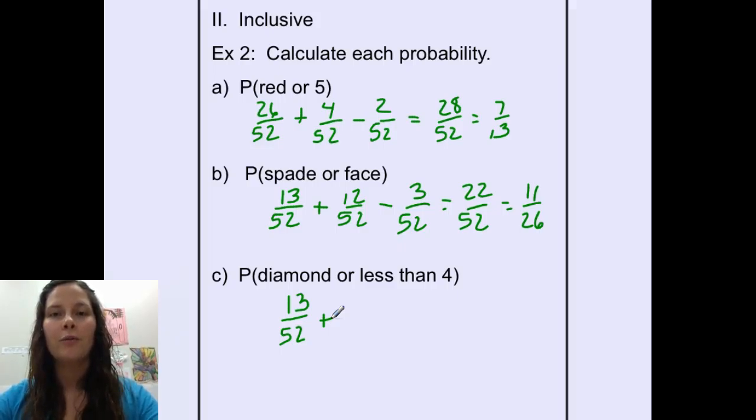So there are 4 2s and 4 3s for a total of 8 out of 52. And then we will subtract off the chance that we can get a diamond and a number less than 4. So there are 2 cards that are diamonds and less than 4, the 2 of diamonds and the 3 of diamonds. So when we subtract off that 2 out of 52, we get 21 minus 2 is 19 out of 52, and that does not simplify.